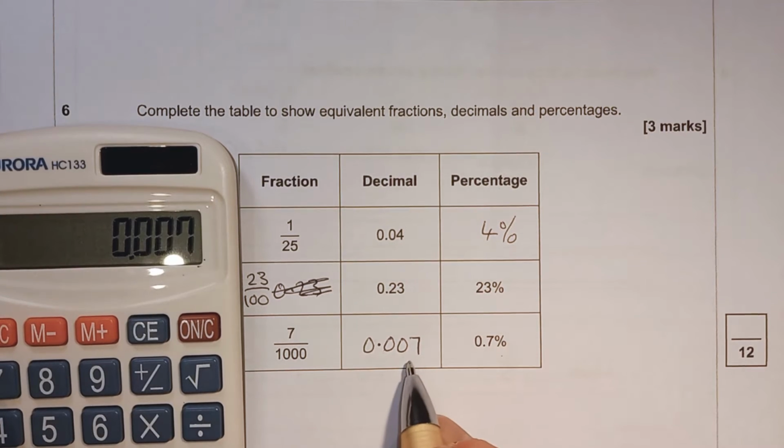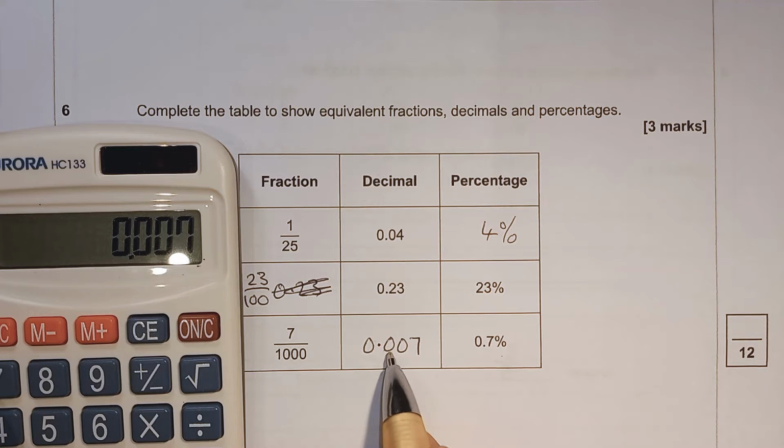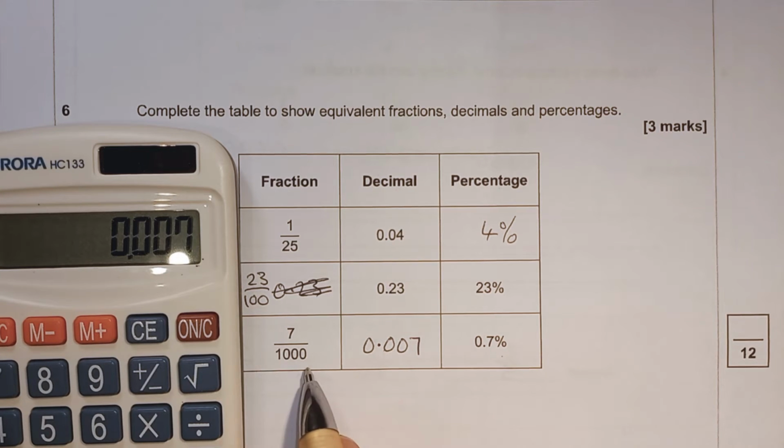Make sure you get the 2 zeros in there, because it's 0.7, so it's less than 1%. 1% would be 0.01. It's less than that, so we've not just gone into the tenths and hundredths, but we've gone into the thousandths. So tenths, hundredths, thousandths. So this would be 7 thousandths, which is exactly what's written there as a fraction. So we could have gone from here to there instead.